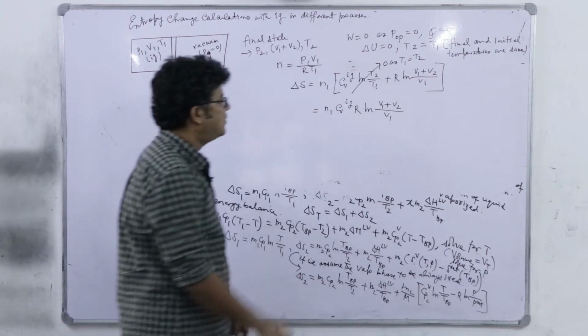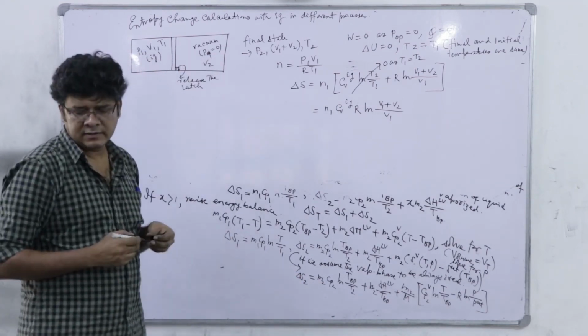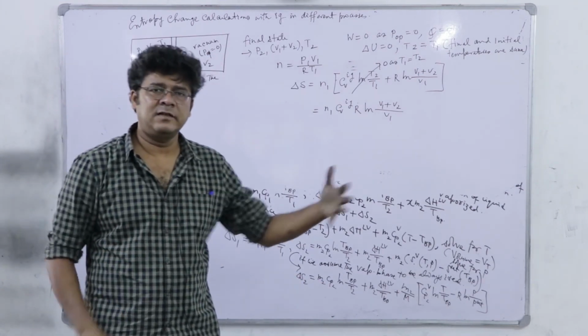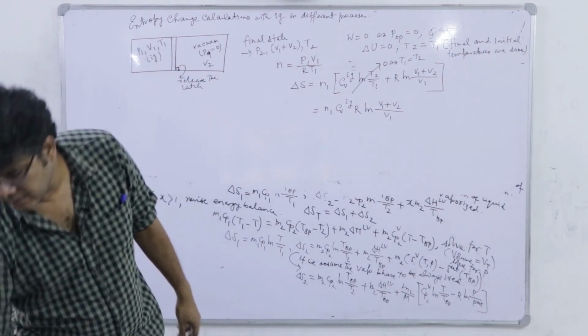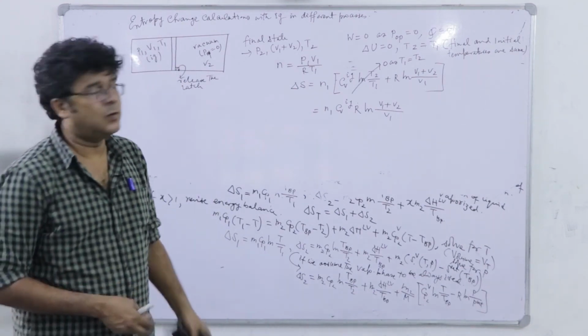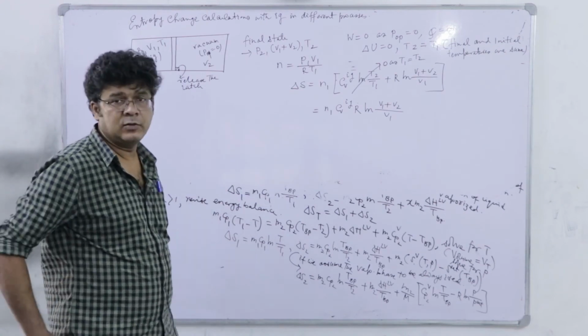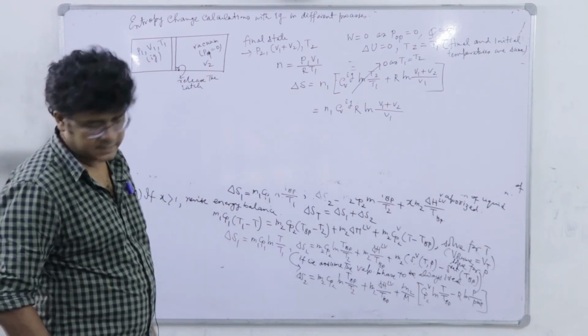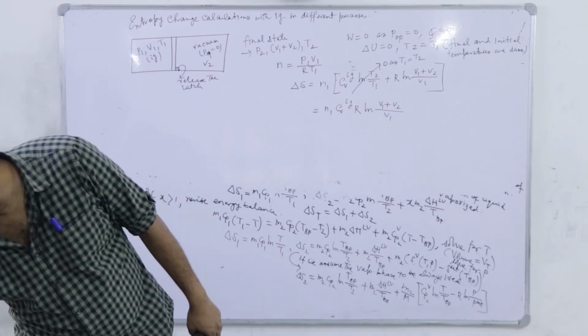So, that is the entropy change for the process where the gas expands against 0 pressure, that is against vacuum, and occupies the full volume of this cylinder.